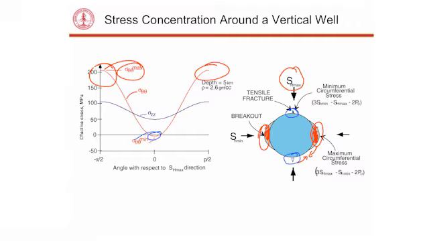We also know that the stress concentration here was enough to exceed the strength of the rock. So just by recognizing that these failures of the rock have occurred, we're beginning to get a lot of information about the stress field just by looking at the well.